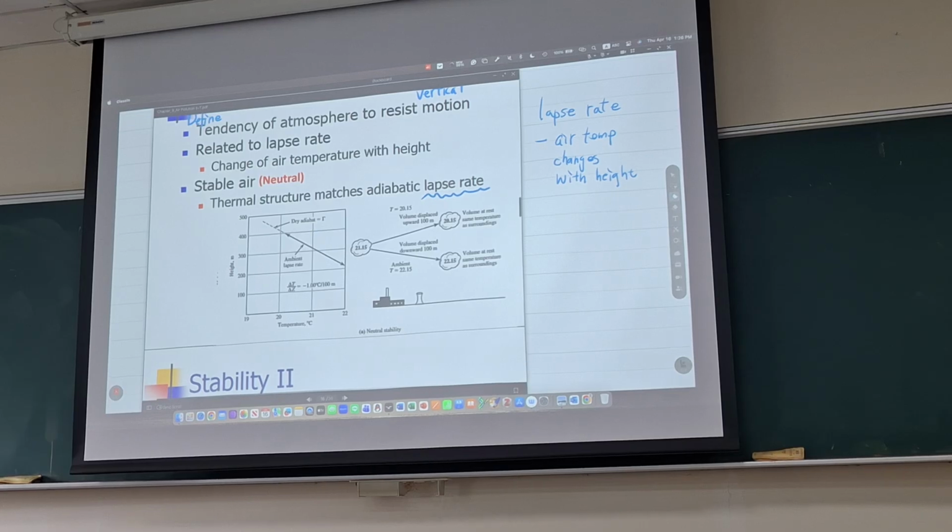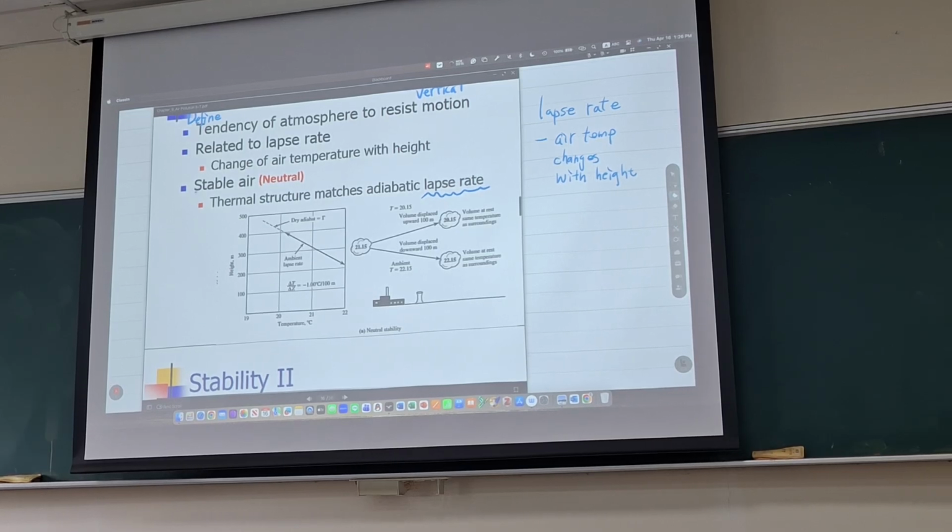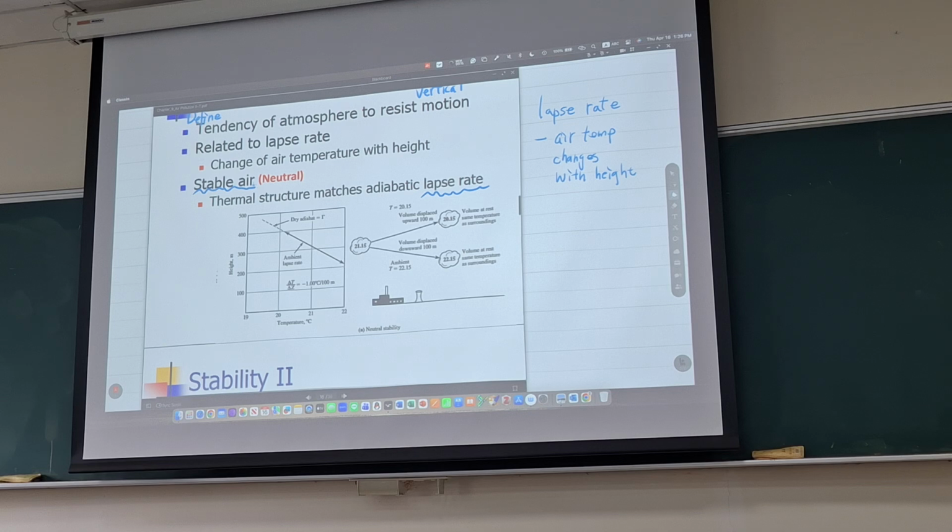Okay, and this slide focuses on something called neutral stability. So in this case, the atmospheric temperature profile matches the adiabatic lapse rate.